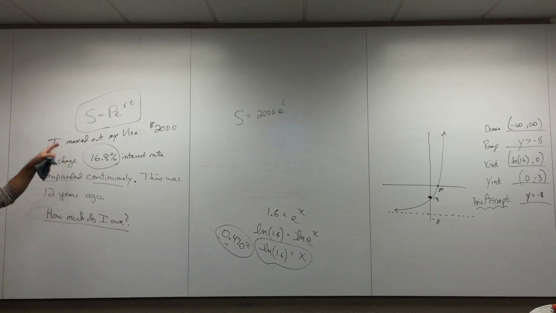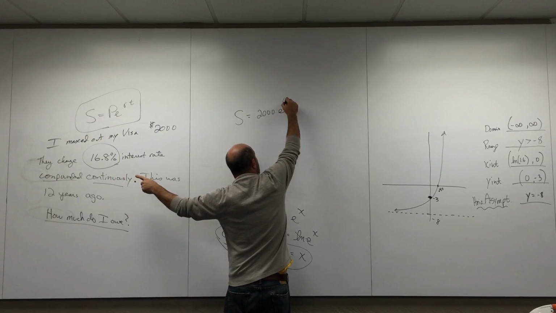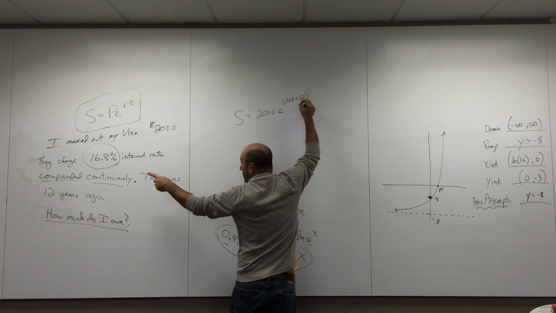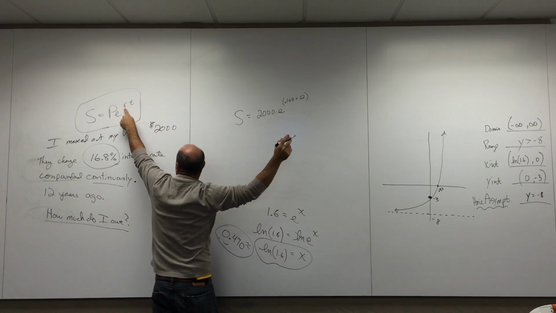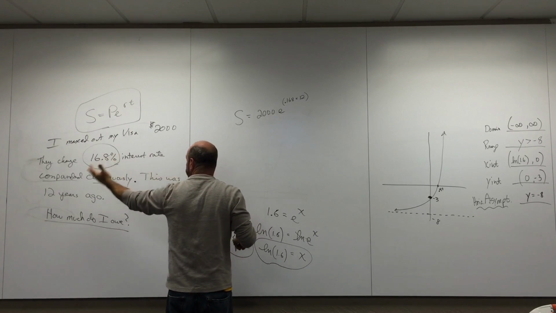When you use this interest rate in a formula, you turn it into a decimal. You don't put a percent. So you take the percent, you make it a decimal, which would be 0.168 times the 12 years, I guess, right? The interest rate times the number of years you left it in there.